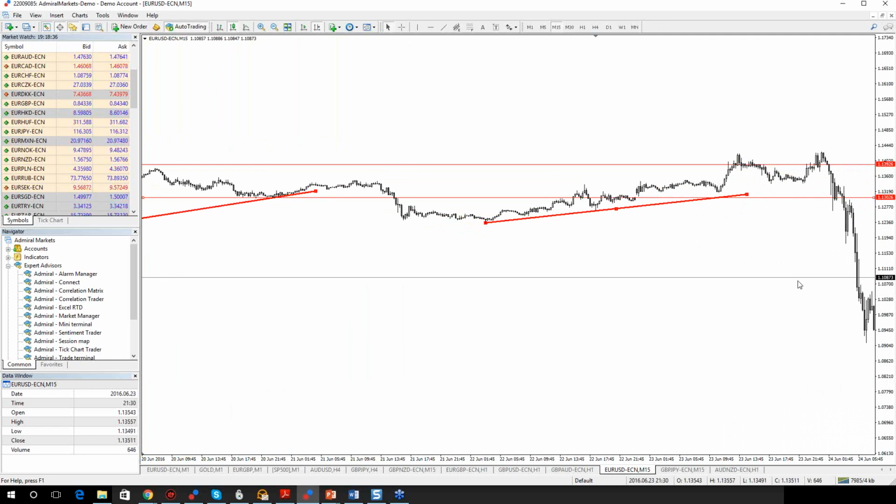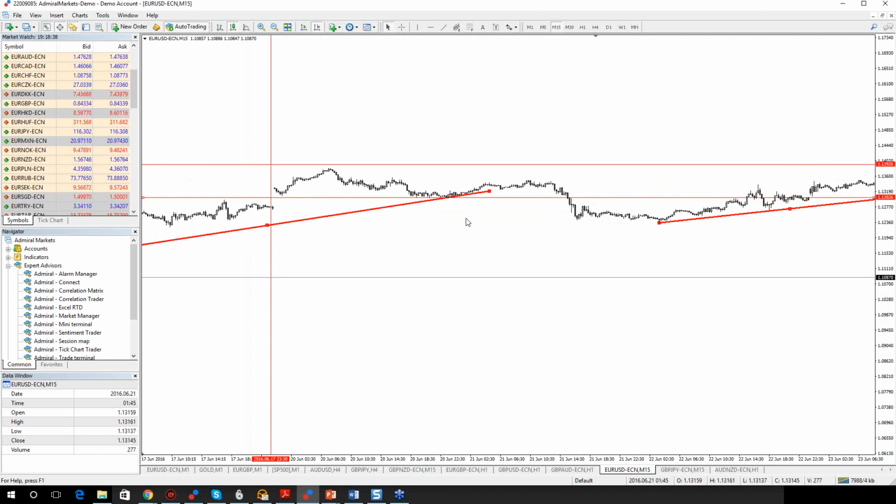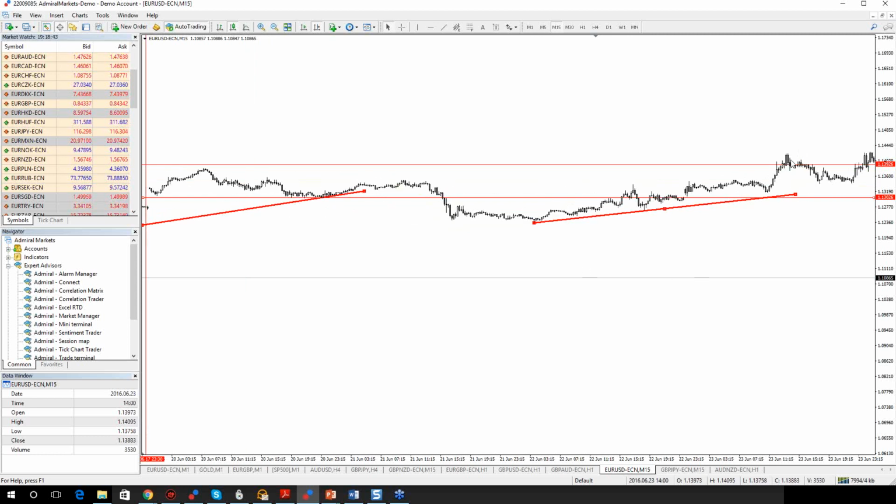But what can happen now? It can happen that you were caught here. You were caught here. So we have a double loss. So this is what usually happens when there is consolidation. Now, this applies to breakouts out of consolidation, breakout reversals.